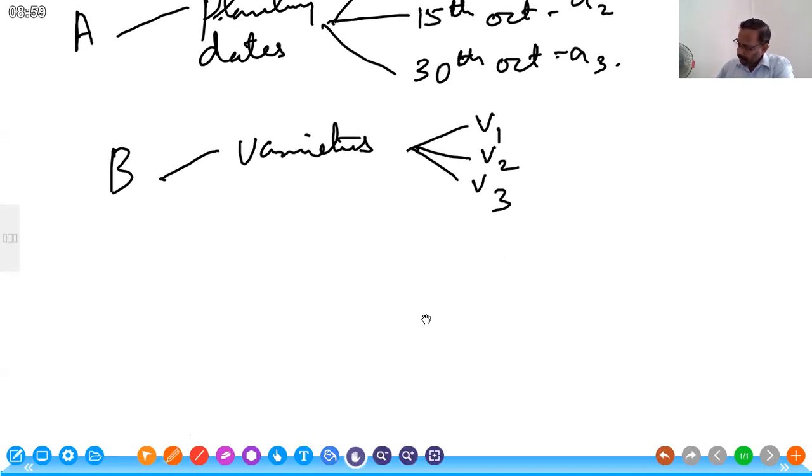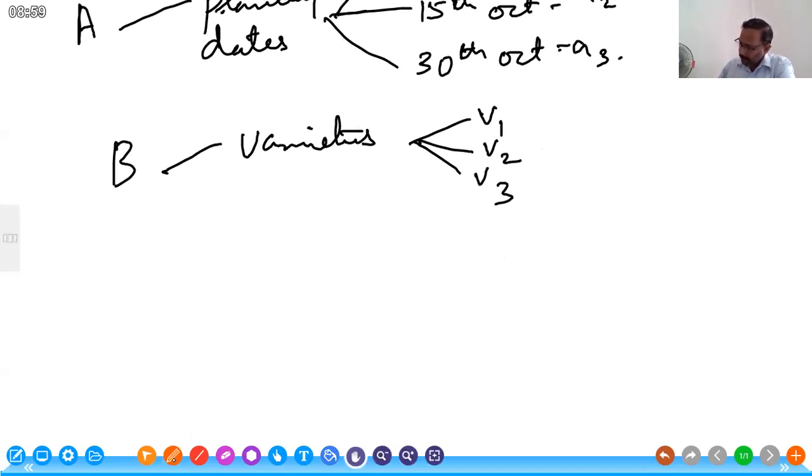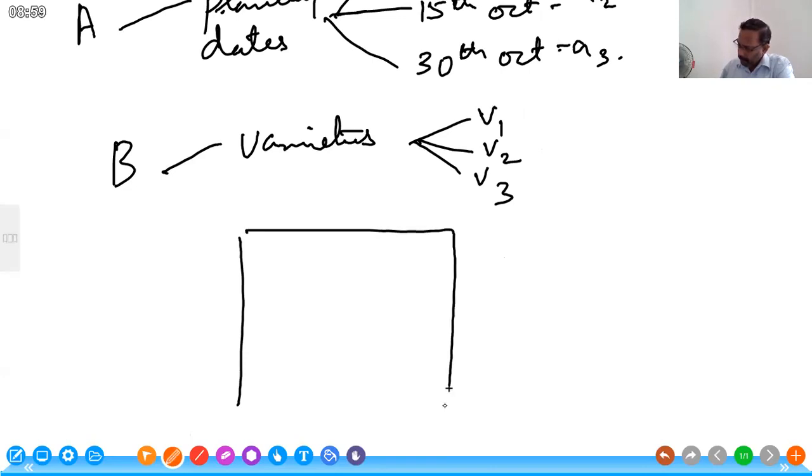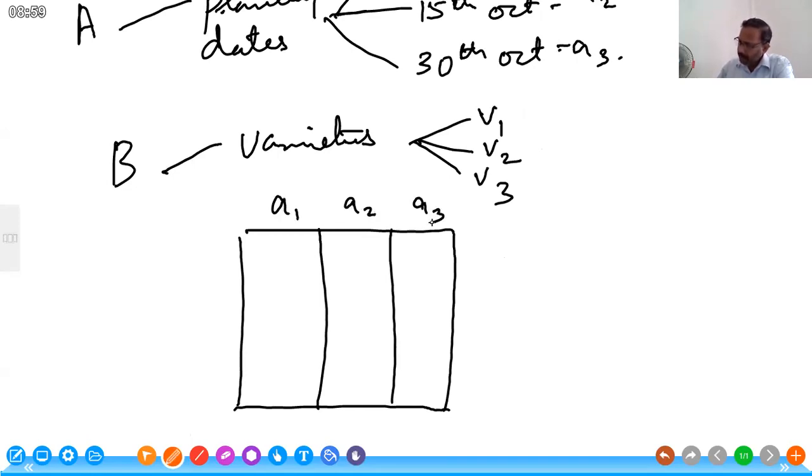Now, if you put up the setup, this is the planting date, A1, A2, A3. This is before randomization. I will talk about randomization later. Now, we can say three varieties, V1, V2, V3.